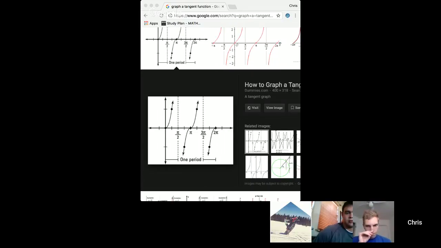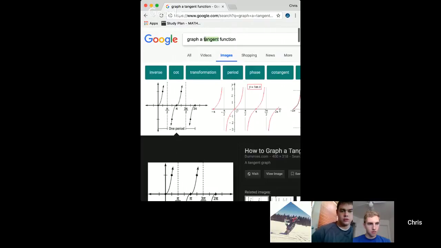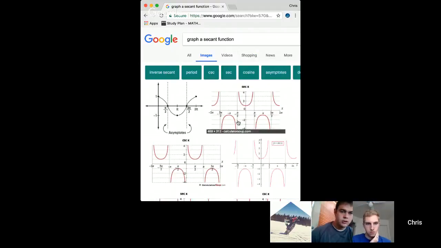And then we can switch that to secant. You doing secant or cosecant? Secant first.